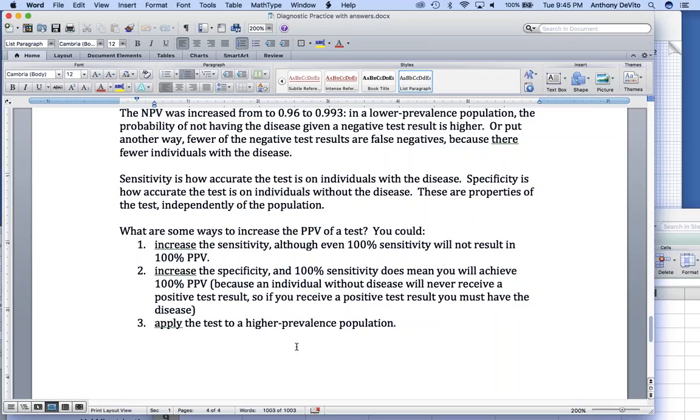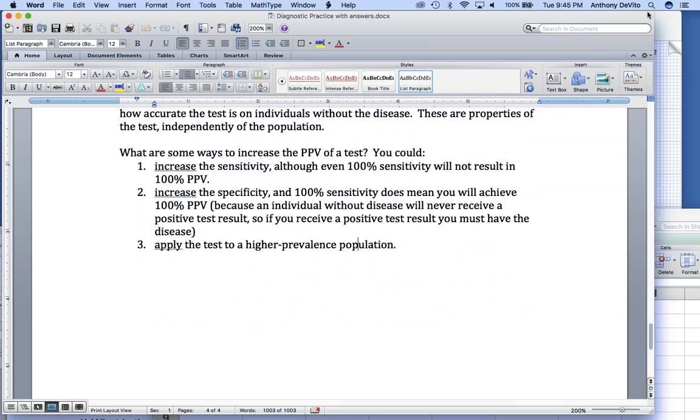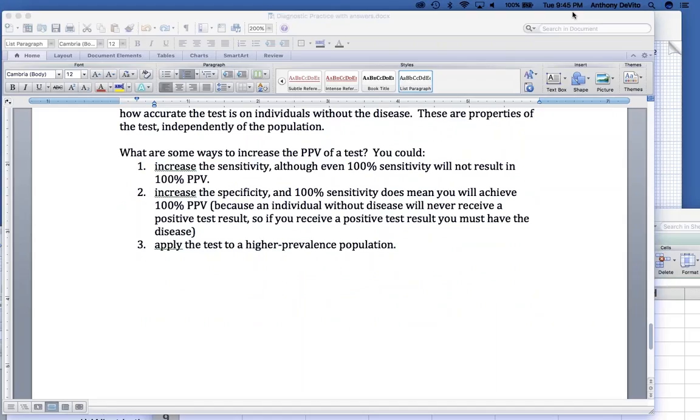Okay, and applied, now we know that the positive predictive value goes down if you're using the test in a disease that has a low prevalence. Why does it go down? Anybody want to suggest a reason why? Let me back up. I have a test that has a sensitivity of 90% and a specificity of 90%.